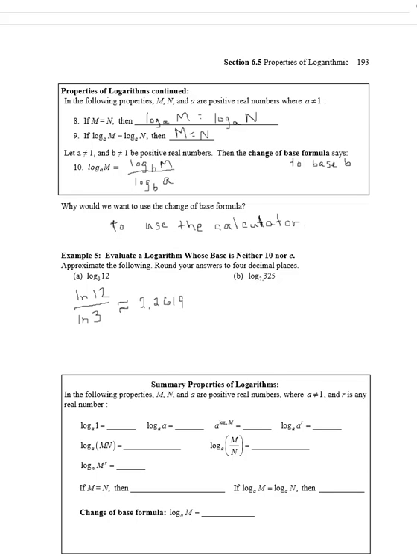Okay, log base 7 of 325 is the natural log of 325 over the natural log of 7, which equals approximately 2.9723 when we use the calculator.